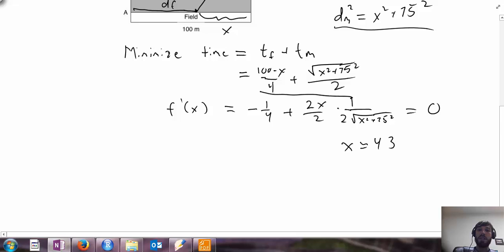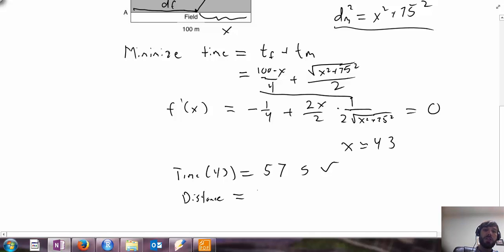So first of all, we take the 43, we plug it into time, right? And you end up getting something on the order of 57 seconds. So that's good. We'll make it. We won't be eaten by the zombie. And our optimal strategy, then, the distance should be 100 minus 43. So we should stay on the grass about 57 meters.